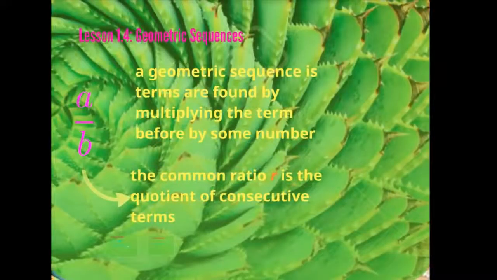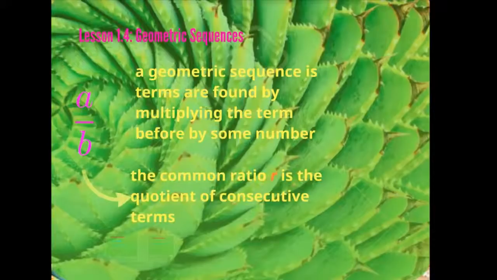Welcome to lesson 4. In this video, we're going to be talking about geometric sequences. Just to compare, last time we talked about arithmetic sequences. As a reminder, in arithmetic sequences you add or subtract some number to get to your next term.